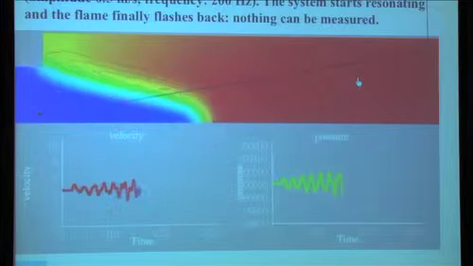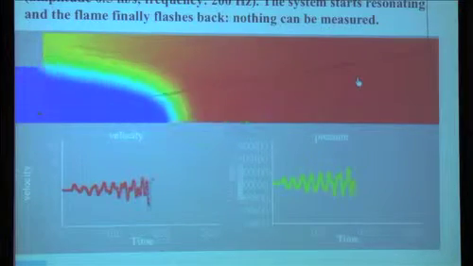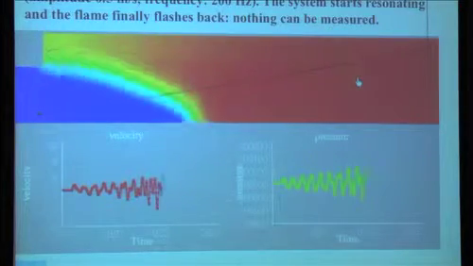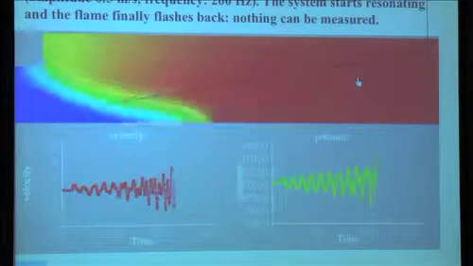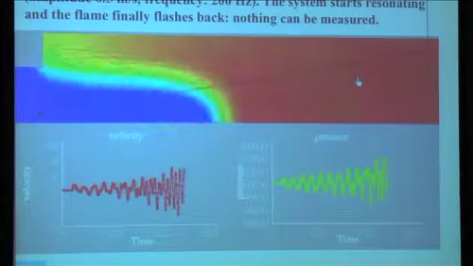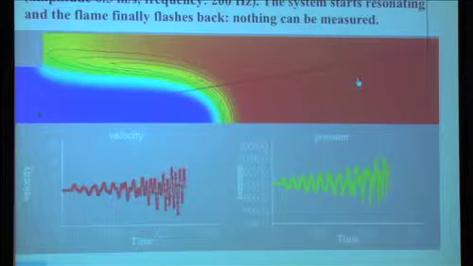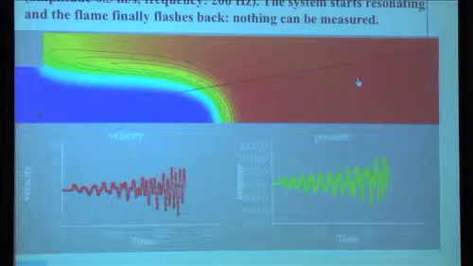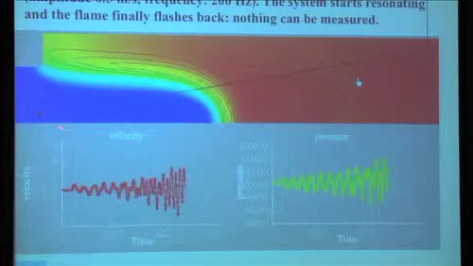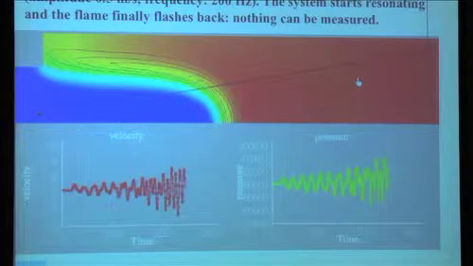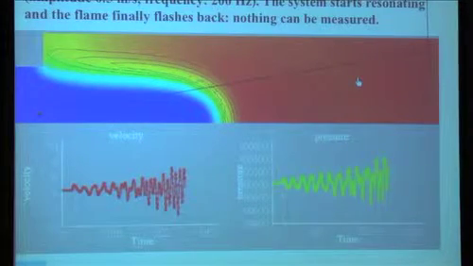So the flame starts oscillating more and more. It doesn't go to a harmonic regime, it goes into trouble. And actually the code explodes a little bit later. So you see here that this thing is growing because in addition to pulsating this flow, you have allowed it to self-resonate, and that's bad.